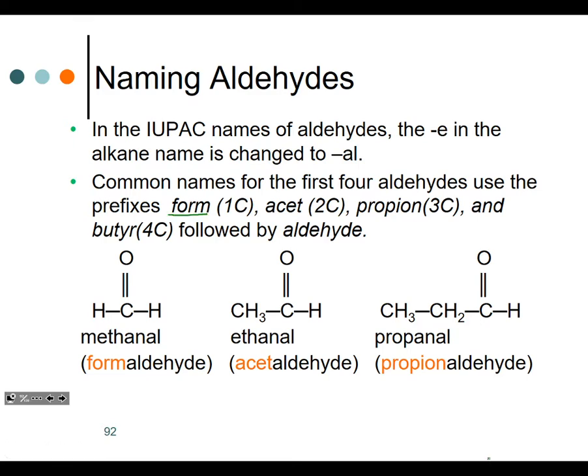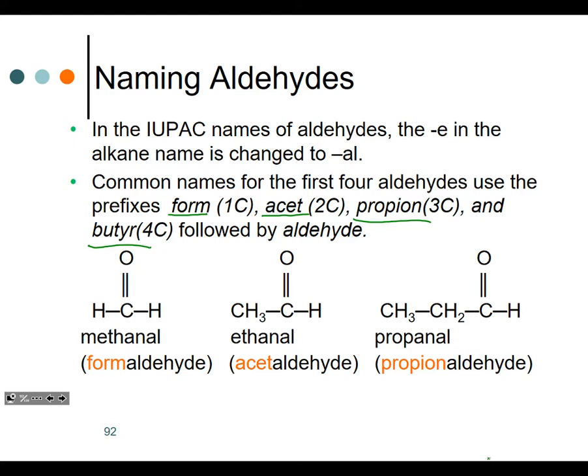So this is when you get formaldehyde, the stuff that they used to use to preserve organisms for dissection, or acetaldehyde, or propionaldehyde, or butyraldehyde, or butyric acid, that kind of thing. Instead of butanaldehyde, they're going to use butyr maybe. So these are just what they call common names.